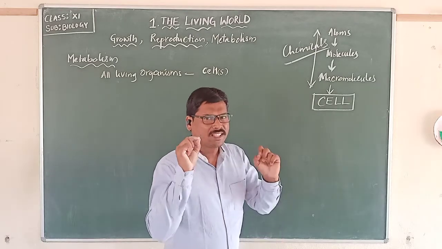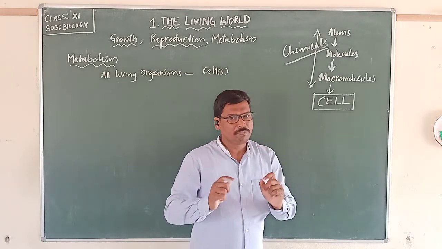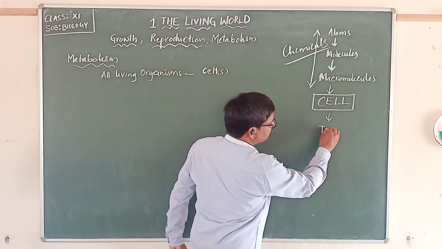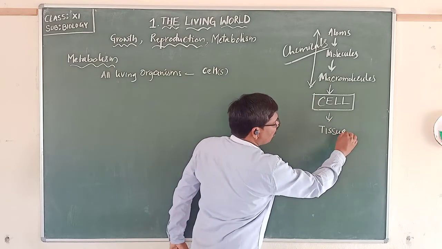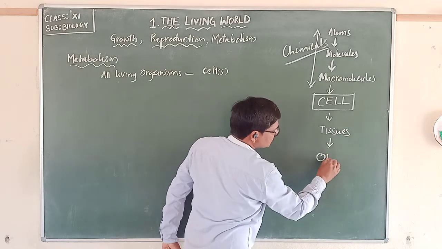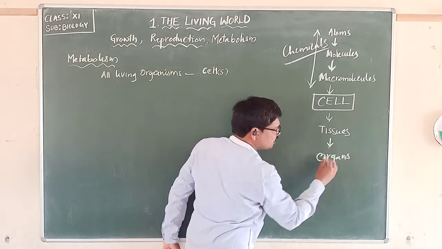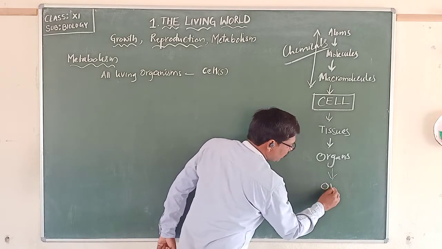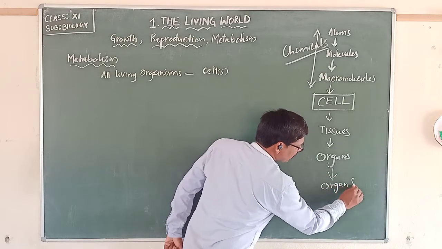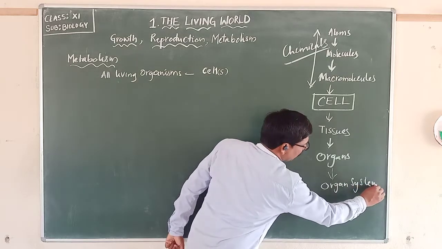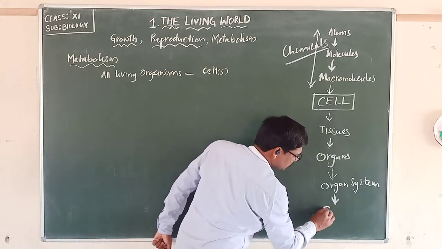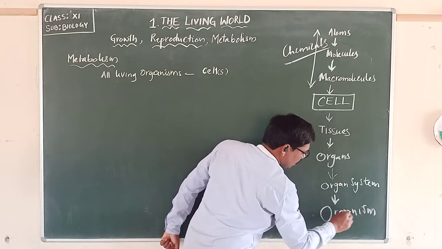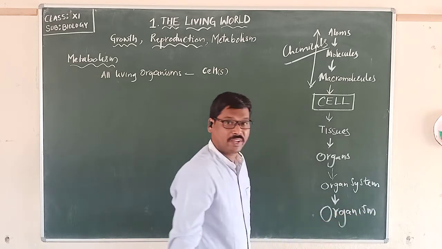Let us keep one point: the cells form tissues, and a group of tissues join together to form organs. Many organs form one organ system, and these form an organism.